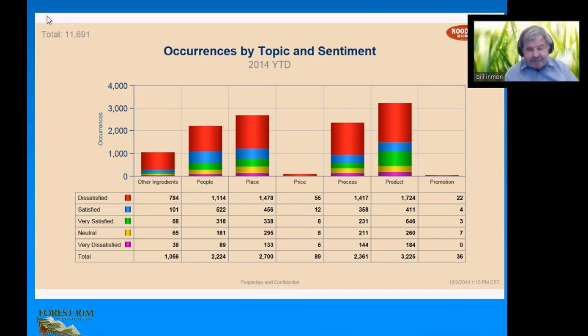Now this particular graph is actually quite instructive because it tells the restaurant what people think of their experience in the restaurant. But there's two important things that are really interesting in this restaurant. Take a look at the number of comments that there were about price.